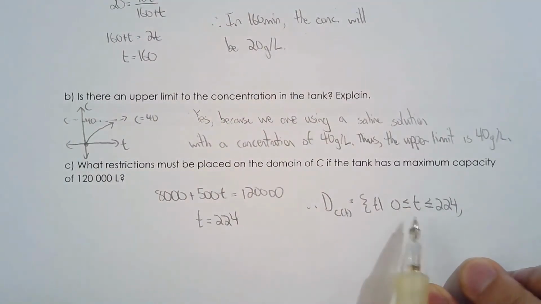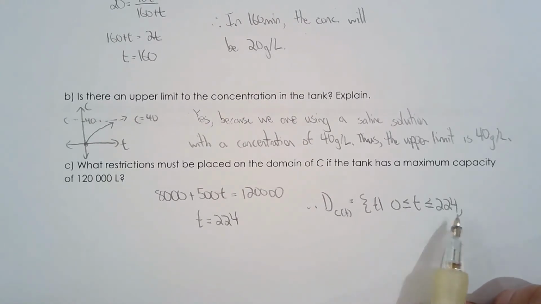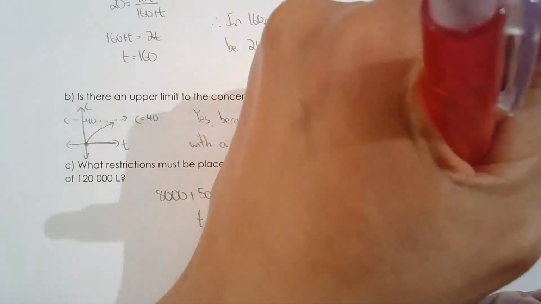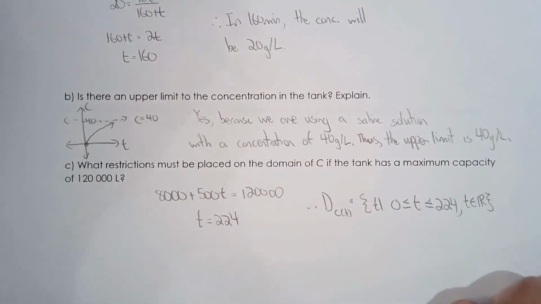You can obviously not fill the tank at all, but if you do decide to fill the tank with the saline solution, you can only fill up to 224 minutes, and that's when it's at maximum capacity. Okay.